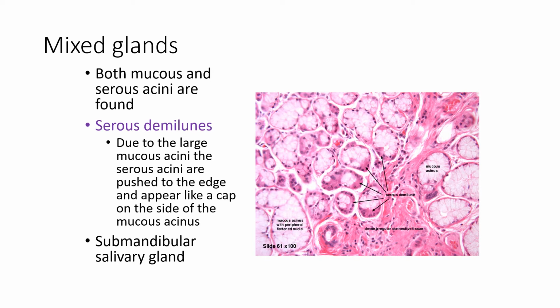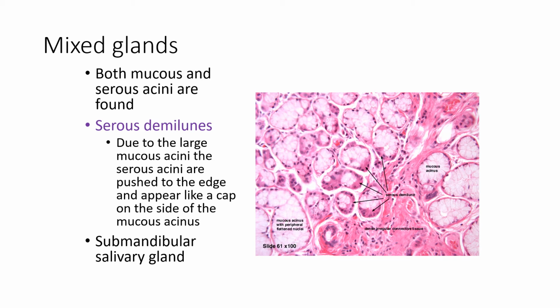Then we talk about mixed glands, where you see both mucus secreting cells and serous secreting cells. So in the acini you get mucus cells and serous cells. Now because the mucus cells are much larger and the mucus granule or the vesicle is very large, the serous part of it gets pushed to the periphery and we call it a serous demilune.